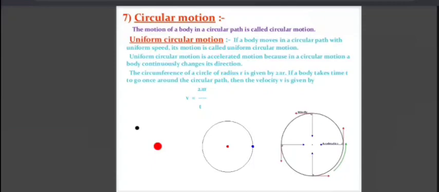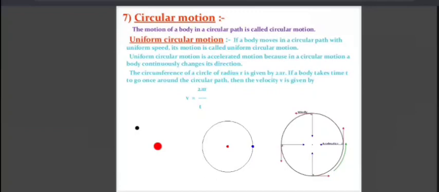So speed is the same, direction is changing, which means you are actually changing the velocity. Now the rate of change in velocity is called acceleration. So in short, you are changing the velocity, which means it is an accelerated motion. So what is UCM? It is a type of motion in which a body goes in a circular path with constant speed or equal speed.